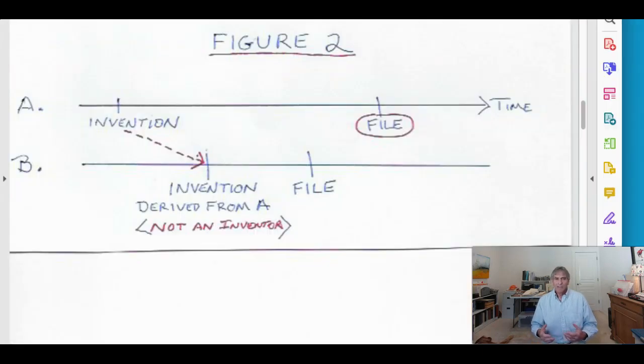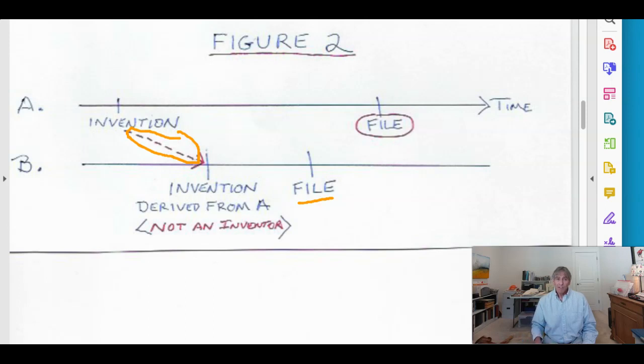So I tried to pencil this out in figure 2 here, which shows that B filed the application first, but B learned the information about the invention from A, which is what I put this dotted arrow here for.